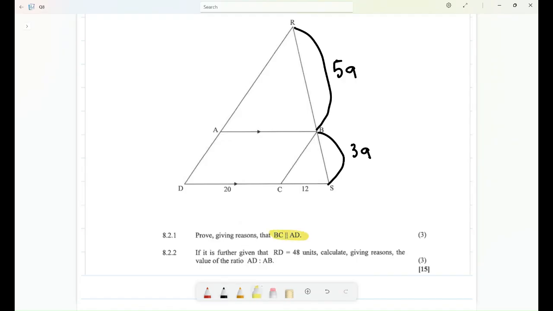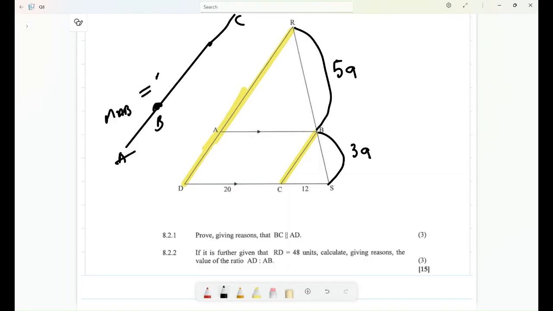Now prove, giving reasons, that BC is parallel to AD. AD is here, but I can also extend that line to something like CO. Remember, if I have a straight line here, let's say A, B, C, they are not necessarily equal, the gradient of AB is equal to the gradient of MB, which is equal to the gradient of AC.